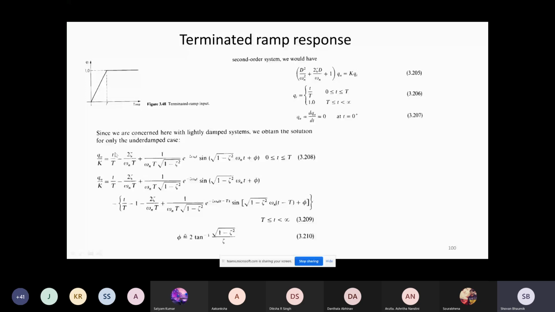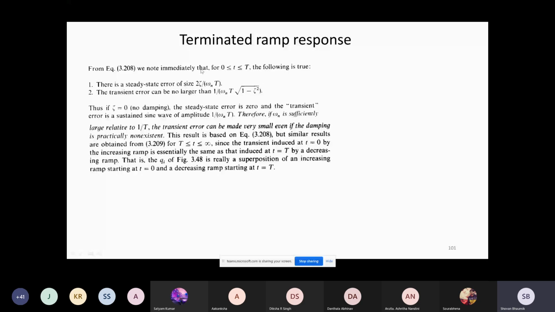Now the transient error can be no larger than 1 by omega n T into root over 1 minus zeta square. If there is no damping, the steady state error is 0. This is a very, very important statement. You all should remember: for a no damping system, with a ramp input, the steady state error is 0.